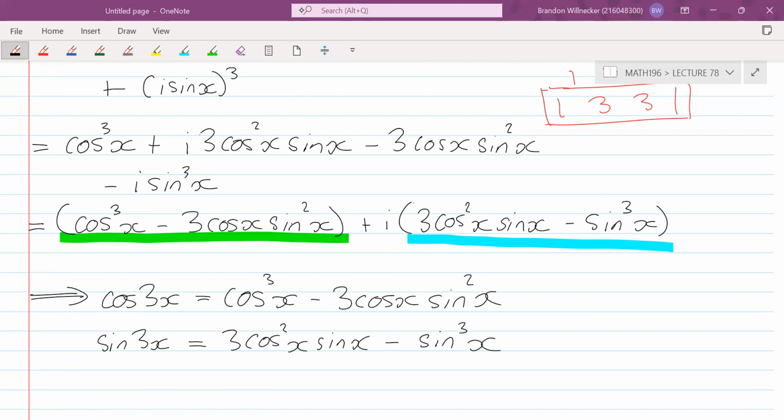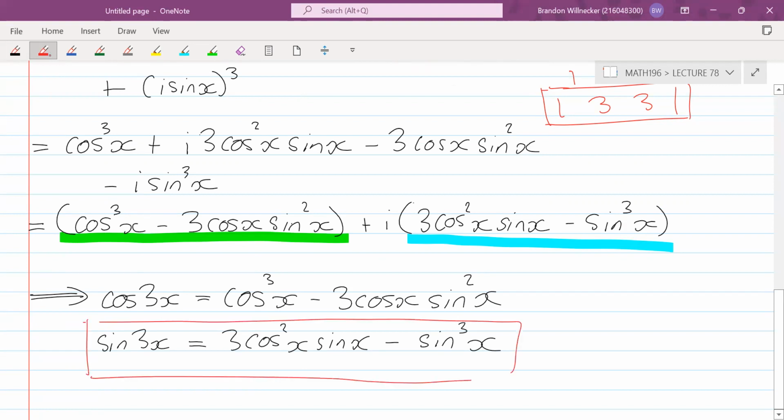So on the right-hand side, we don't have any 3x terms. It's just in terms of x. But that's the one that we were looking for, so let's put that in a box. Okay, so we have an expression for sine 3x with only x being the argument for cos x or sine x. So it's not too difficult.